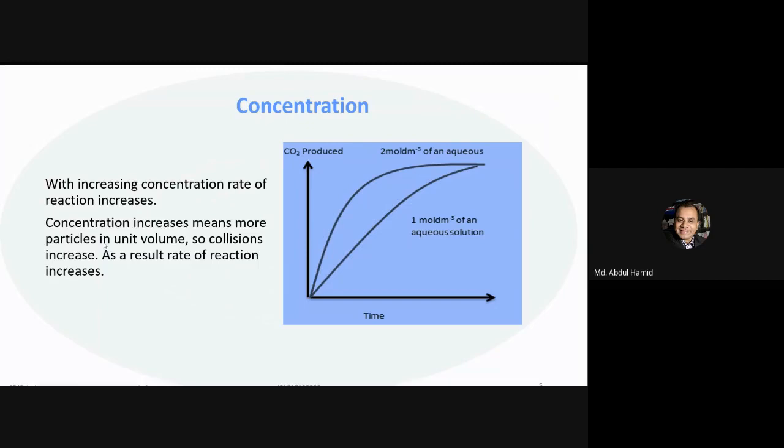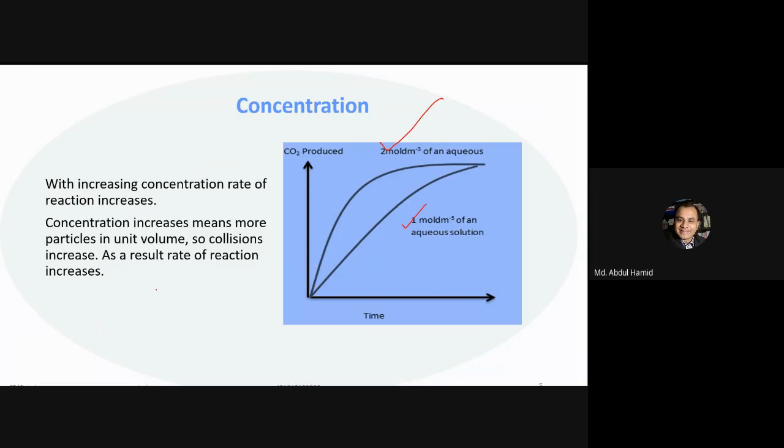So in the diagram, look here: x-axis time and y-axis volume. We can measure the rate of reaction between calcium carbonate and hydrochloric acid. The first one, hydrochloric acid, is 1 mole per dm cube. The second experiment is 2 mole per dm cube. The calcium carbonate we are reacting here is constant mass, and the particle size is similar.